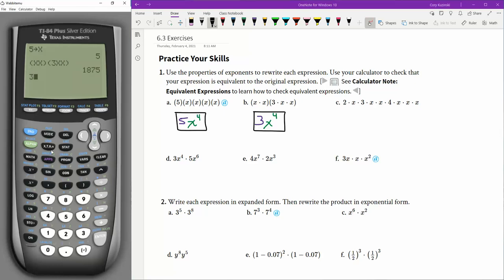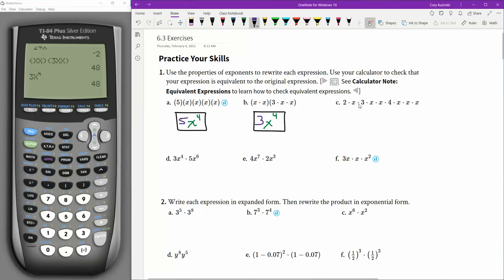Whereas if you just do 3x to the 4th, you'll also get 1875. Even if we change the value of x, say we make it -2 and store that as x, and then ask it to do the original expression, it'll give me a different value. However, when I use that -2 in the simplified expression, I get the same different value, if that makes sense.